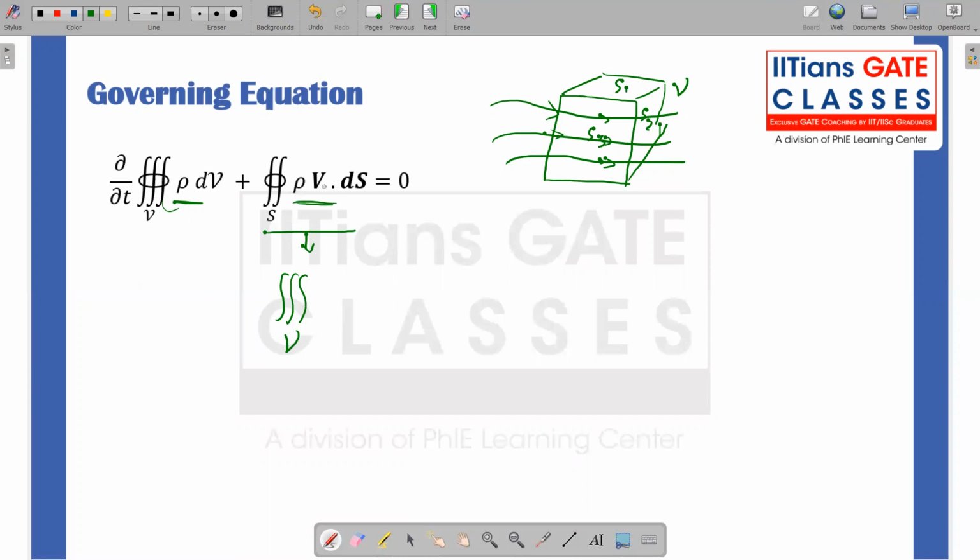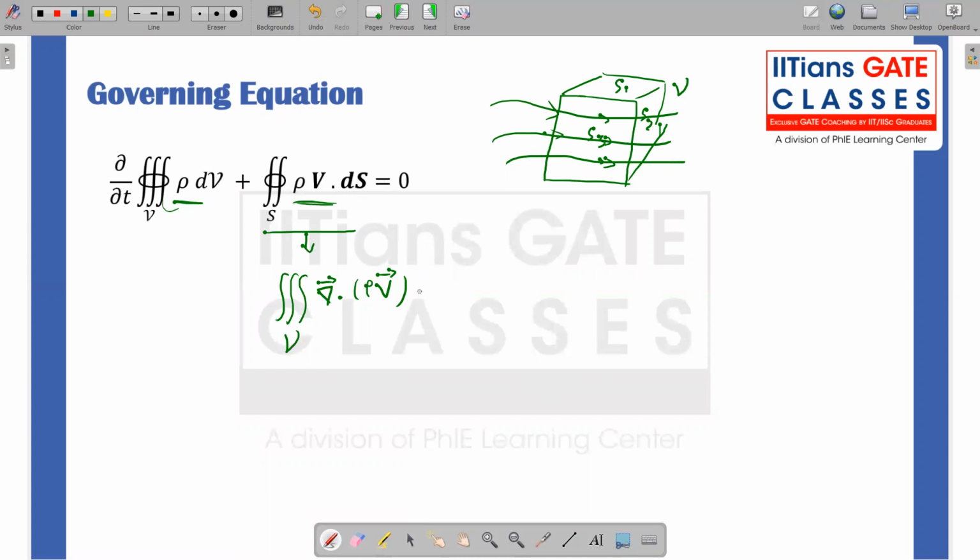Now from the Gauss divergence theorem, I can write the divergence of rho V dV. Here dS is a vector, the vector representative of an area. It basically denotes in which direction the area is facing.